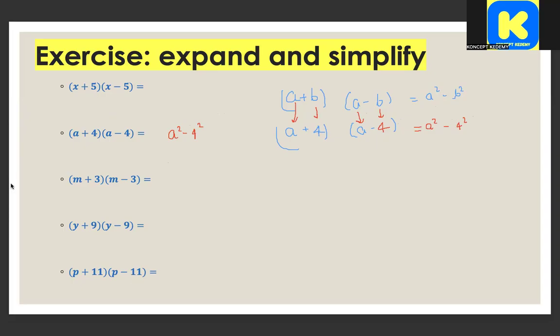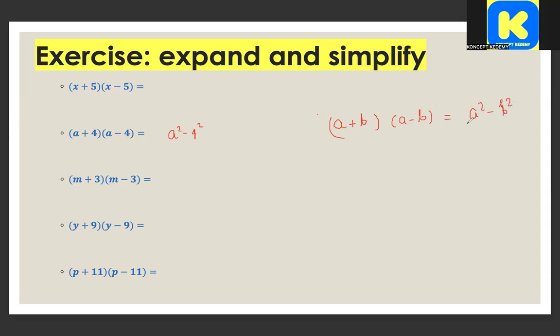Third question, you can compare it with the identity, or you can solve it by yourself if you can memorize the identity. Yeah, it's very easy to memorize the identity. What is the identity? a plus b into a minus b is equal to a square minus b square.